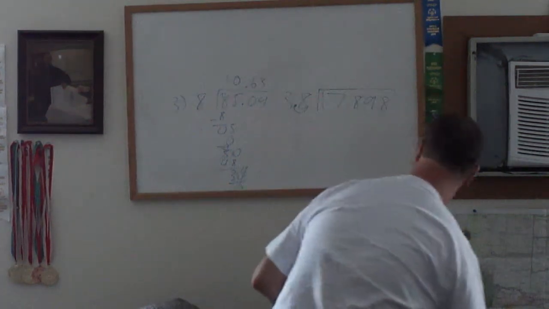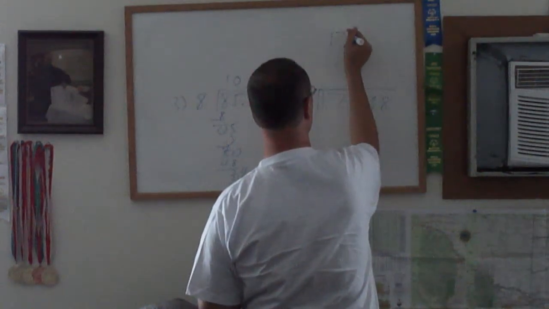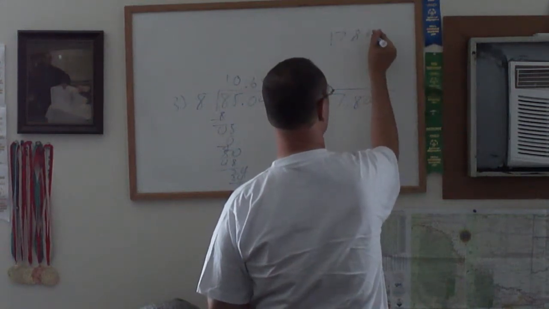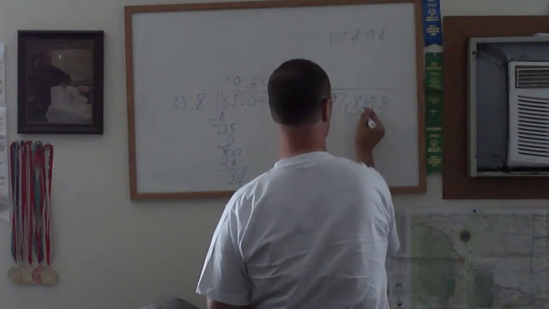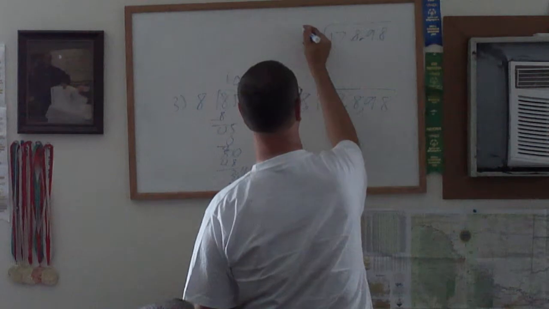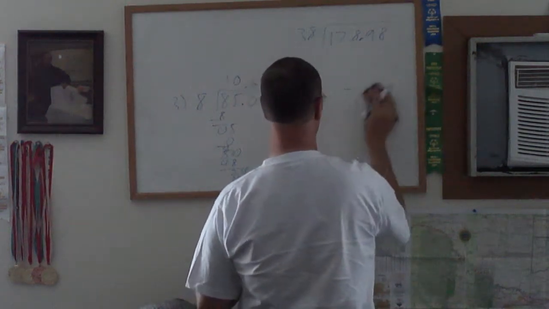Now we're going to rewrite the division to 17, 8, 9, 8, and we're going to move the decimal right there to 38. Now let's erase this.